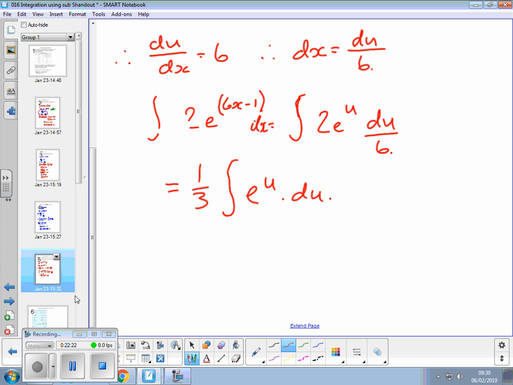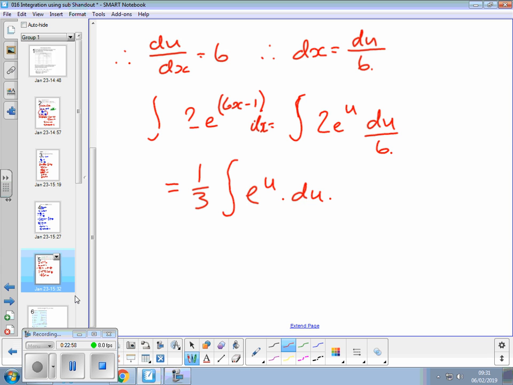When we integrate e to the u, remember, in this case, comparing what you've got with this table, u is x, not a. There's no number in front of u there. So the integral of e to the u is just e to the u.